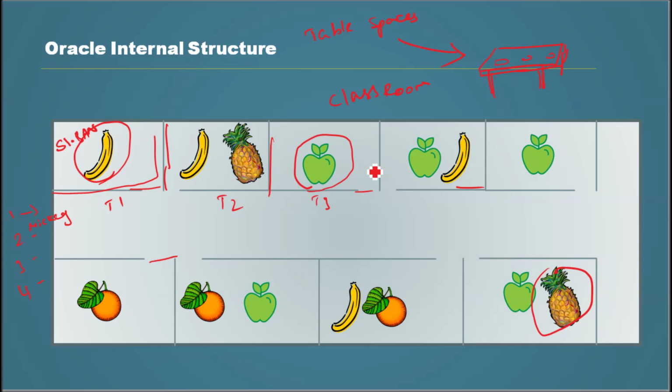This is student 1 and his apple. This is student 1 and his pineapple. Can you see this? See, the user, student 1, can keep his objects anywhere he wants. Like he put it on this table, this table, and this table.